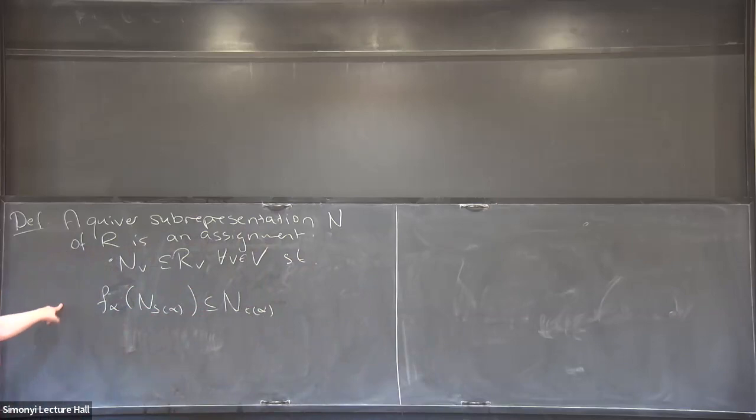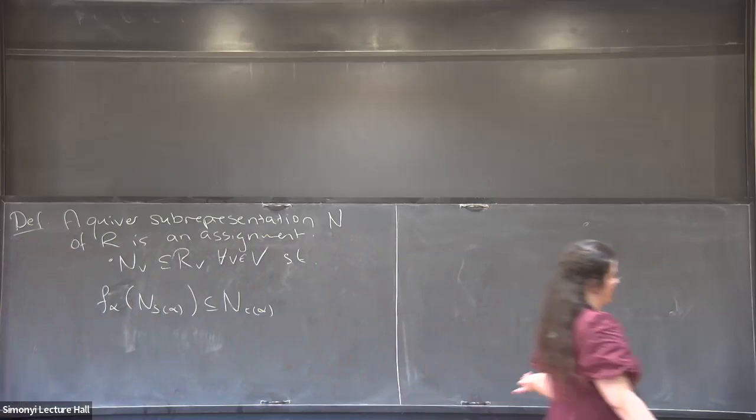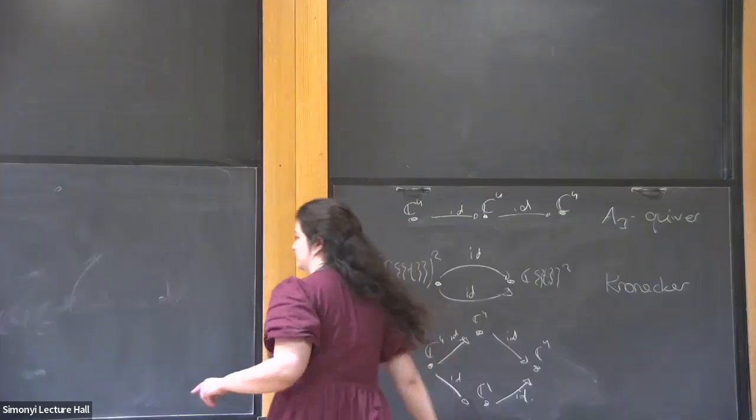So these subspaces have to be contained inside of each other under application of these linear maps imposed by the quiver.